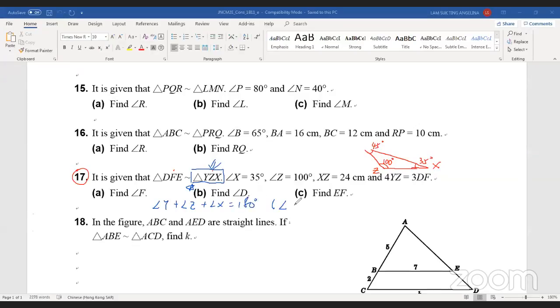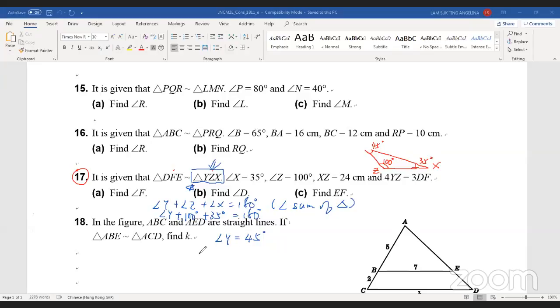Because they are the interior angles of a triangle, based on the angle sum of a triangle, these three together should be 180 degrees. And then therefore I have angle Y plus 100 degrees plus 35 degrees, which is 180. Therefore, at the end, I have angle Y equals 45 degrees.